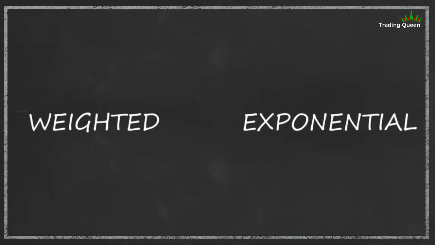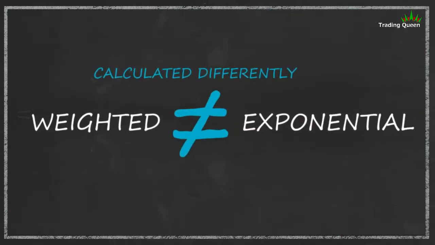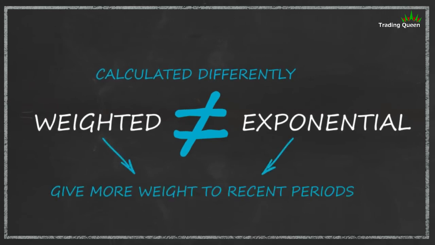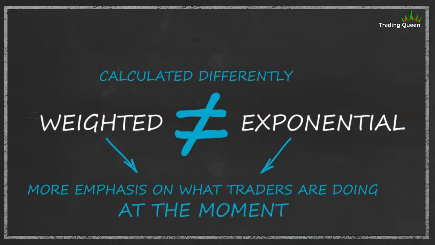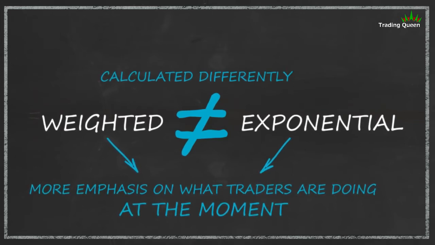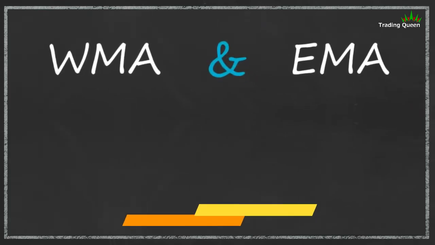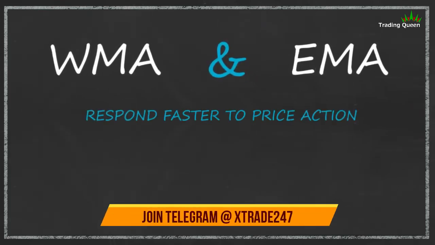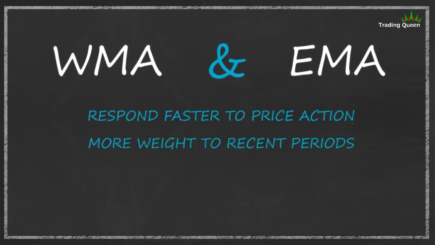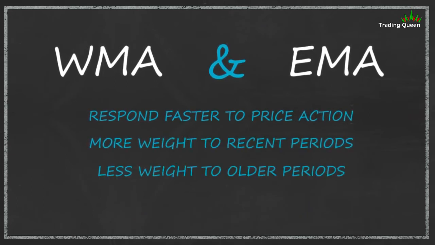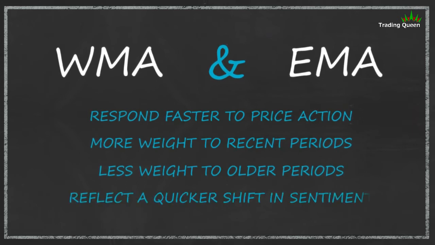The weighted and exponential moving averages are calculated differently from one another, but both types give more weight to recent periods, and thus more emphasis on what traders are doing at the moment. So as a result, weighted and exponential moving averages respond faster to price action by distributing more weight to recent periods and less to older periods.